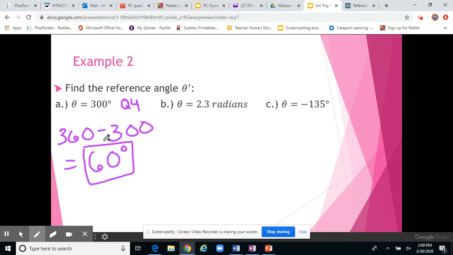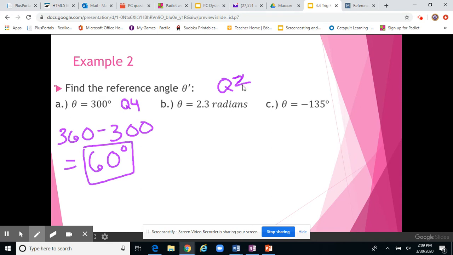So for example, 300 will have the same point as 60 degrees, just with different signs, negative and positive. So that's the purpose of a reference angle. For B, 2.3 radians. 2.3 radians is in quadrant 2.